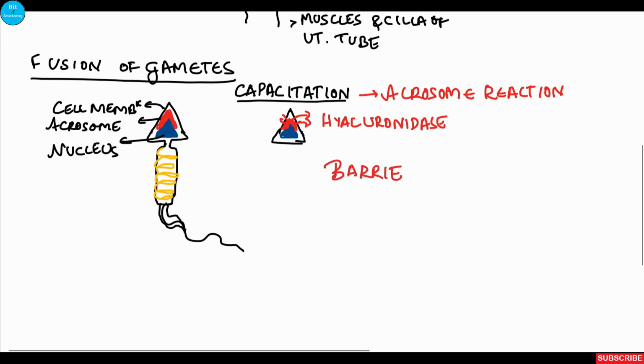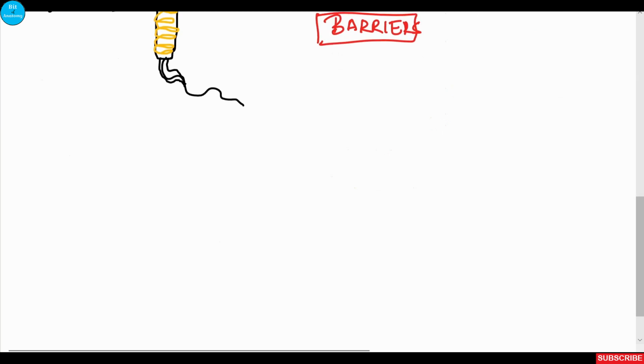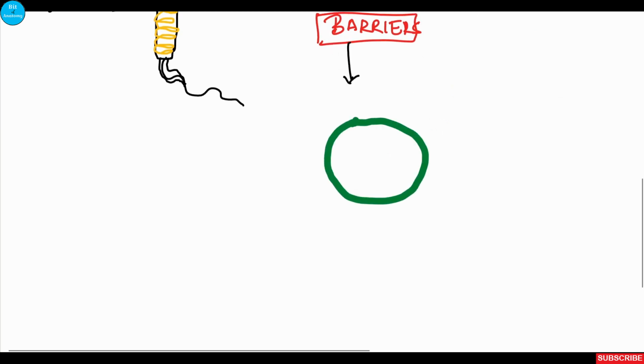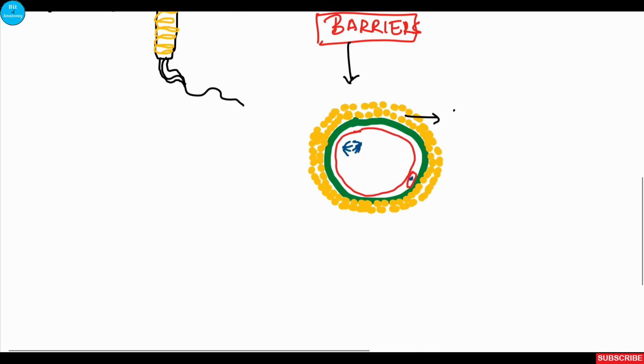This hyaluronidase helps to break the barriers present around the secondary oocyte. The barriers around the secondary oocyte consist of the zona pellucida, and outside the zona pellucida there are cells of the corona radiata, and then the cell membrane of the secondary oocyte, that is the vitelline membrane.